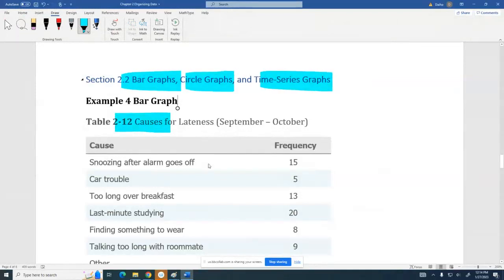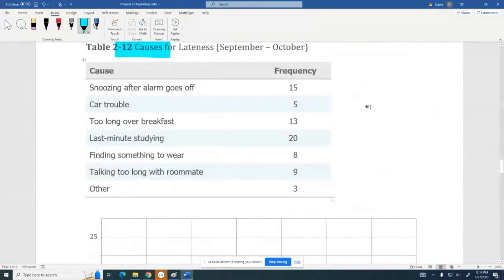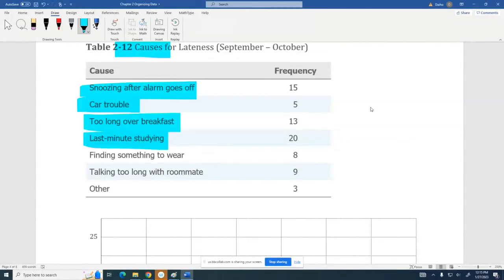Here's another variable, cause for the lateness: snoozing after alarm, car trouble, too much eating, late starting, finding something, talking too much, others.